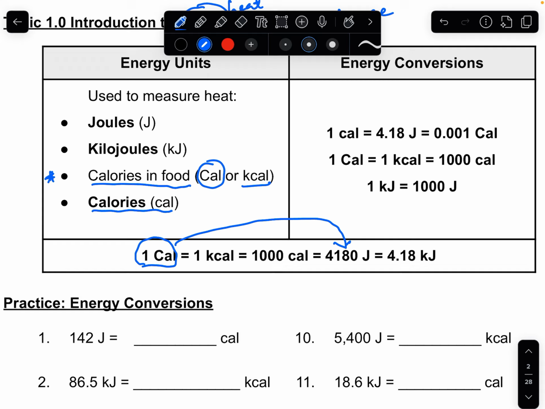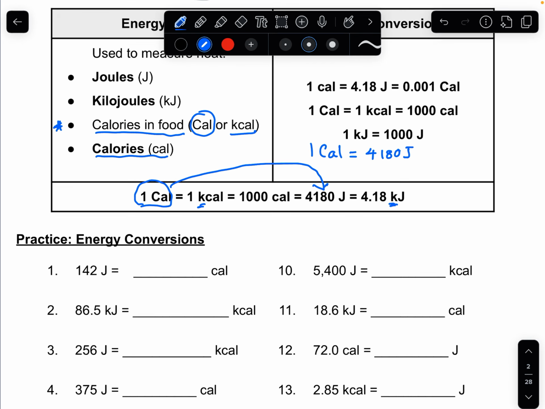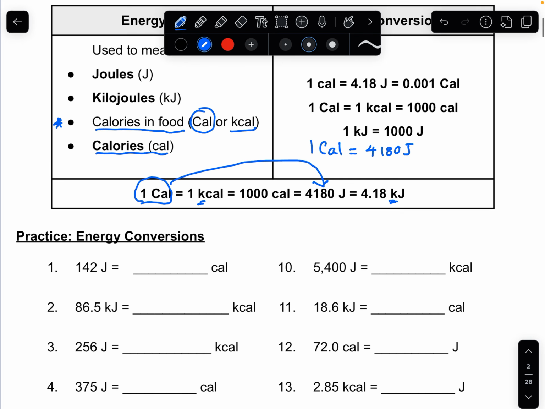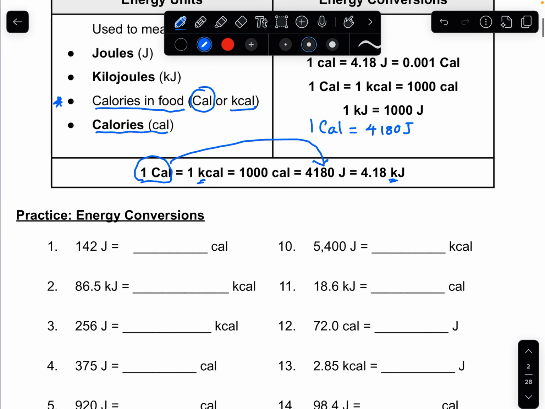Okay, so 1 kilocalorie, that is CAL, will be equal to 4,180 joules. Okay, then this kilo, you already know from King Henry how to convert that. Okay, so I'll do a few, maybe 2-3 questions, and the remaining you go ahead and try.